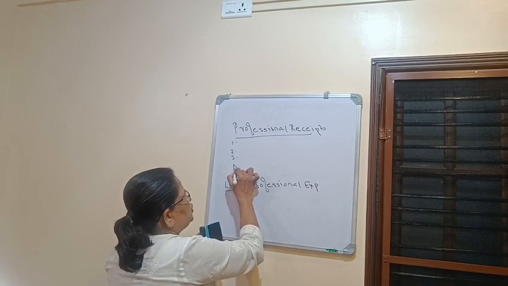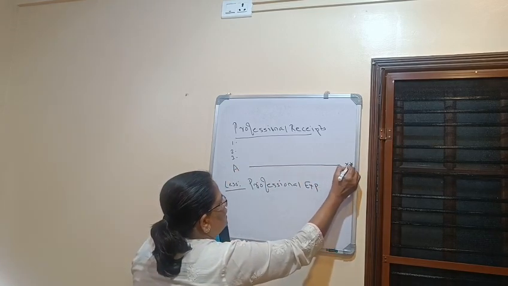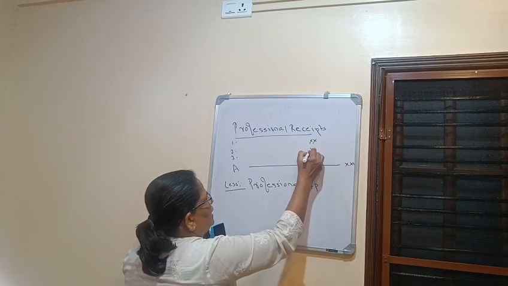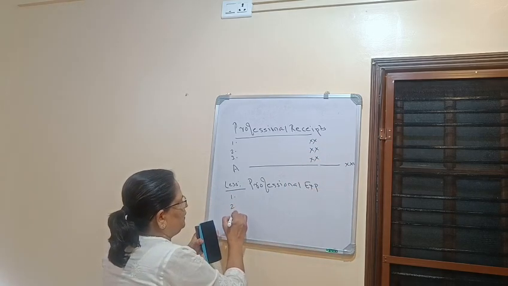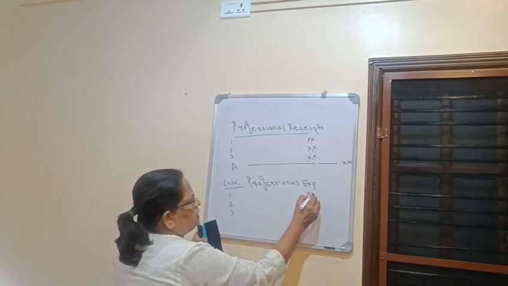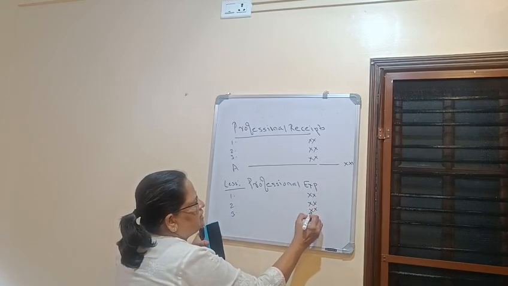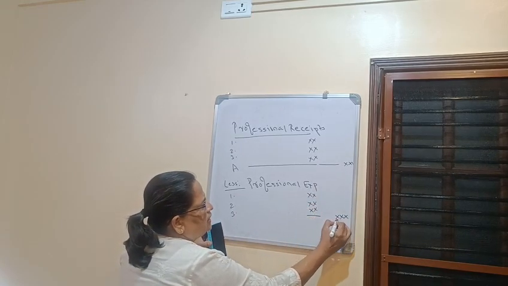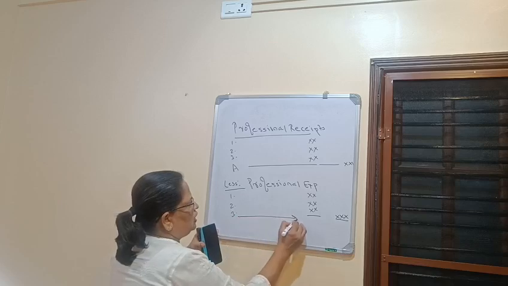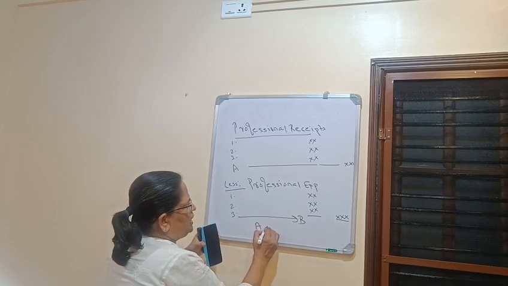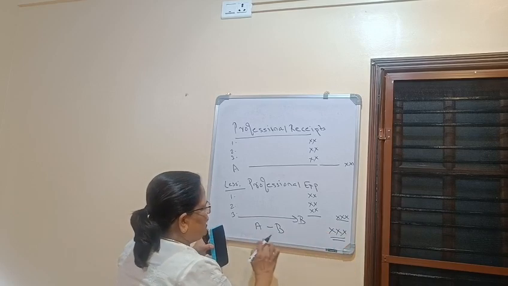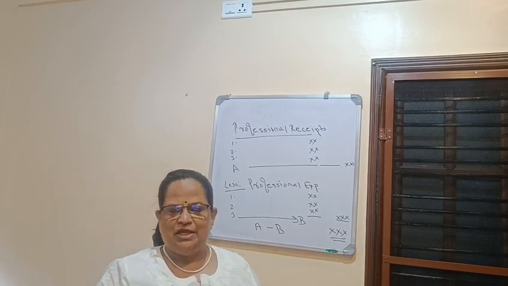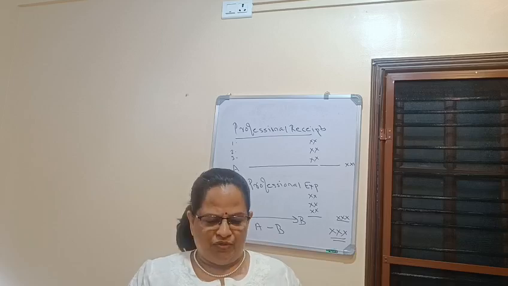So here this is total A. All these items added together and we will get this total. Similarly, here 1, 2, 3. So here you will get all the totals and this total we are calling B. So A minus B will be the professional income or professional loss. If A is more, you will get professional income. If B is more, you will get professional loss.